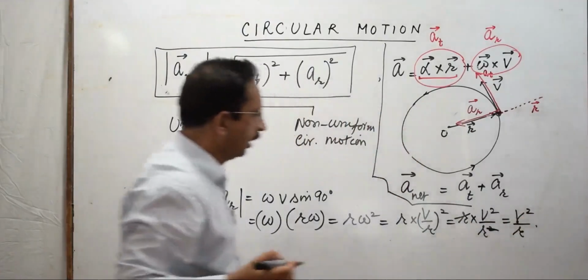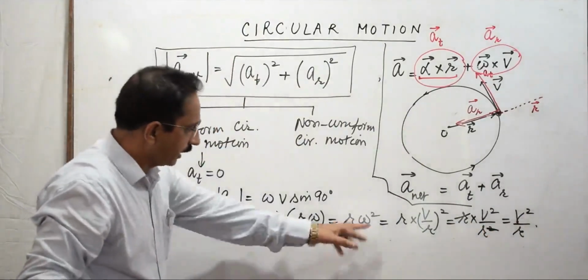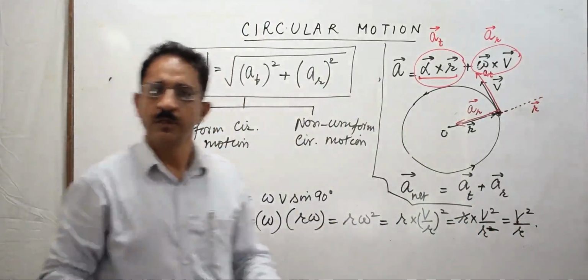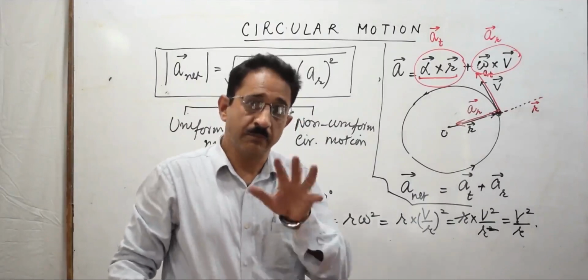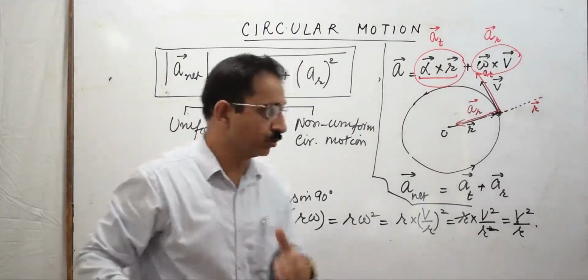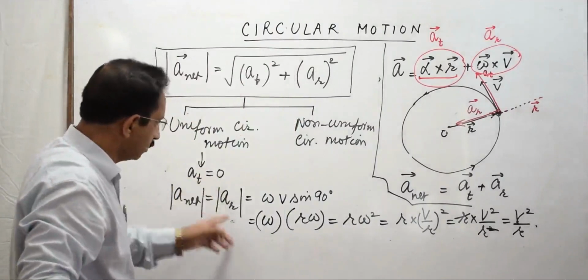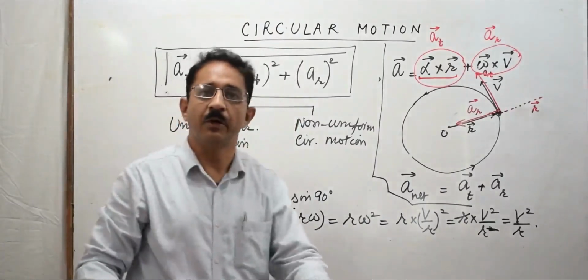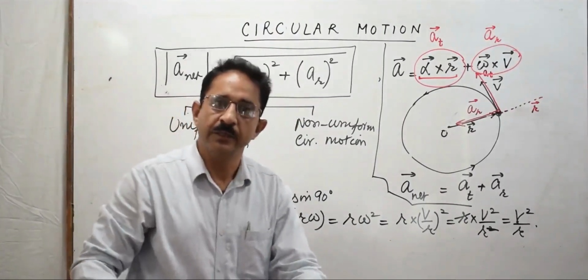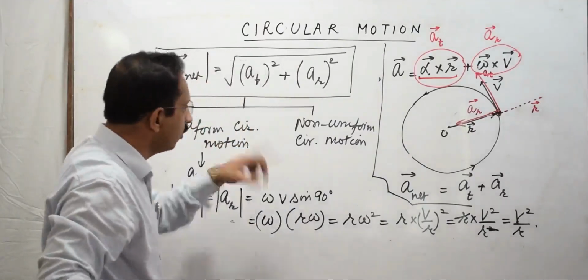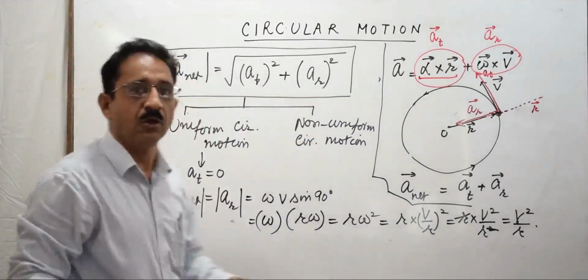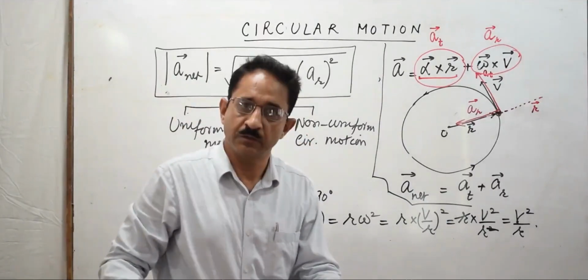So चाहे आप इसको v square by r लिखो या r omega square लिखो, this becomes the centripetal acceleration. In a uniform circular motion, the tangential acceleration is zero, the whole acceleration of the body is along the radius only, that is centripetal acceleration. अगर अब tangential acceleration present हुआ, then it becomes a non-uniform circular motion.